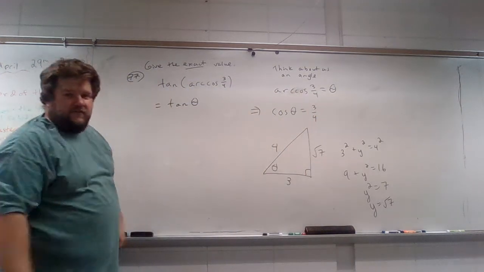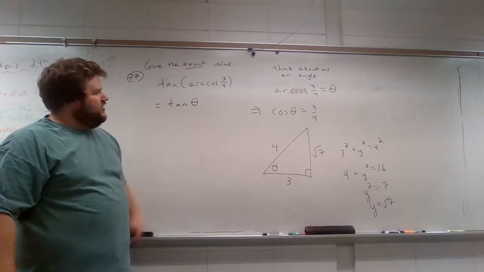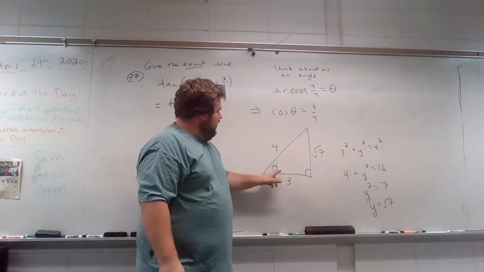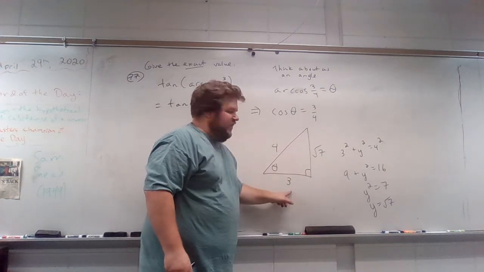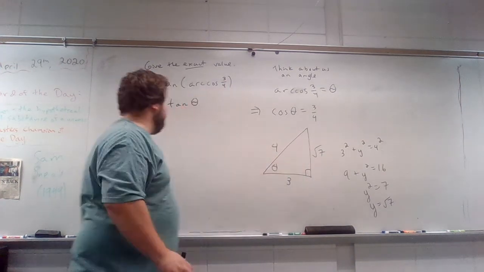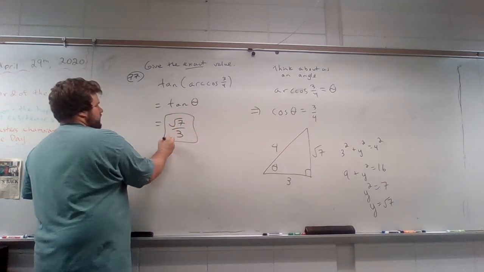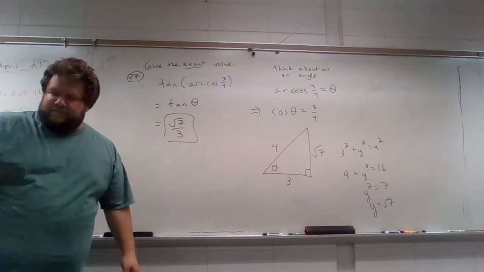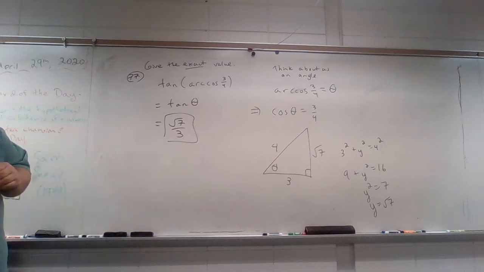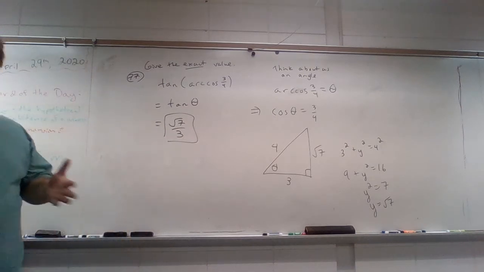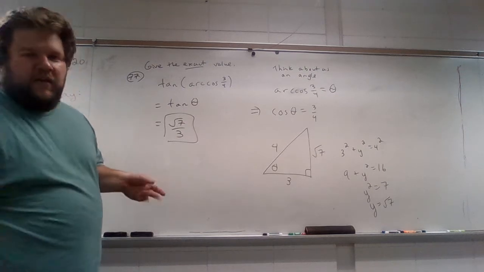So I substitute that in. What's the tangent of theta? Now I use my picture. Well, tangent of theta is opposite over adjacent. So this is just √7/3. And that's it. Exact value. If you punch it in a calculator, it's going to give that.